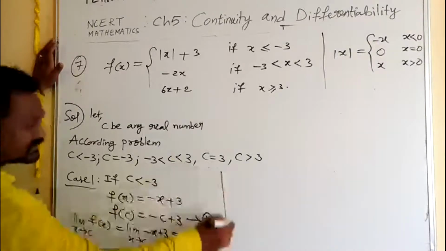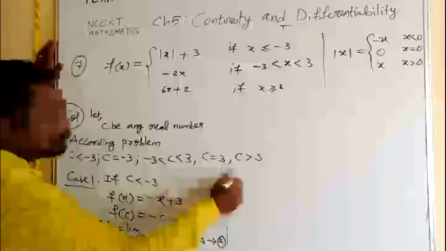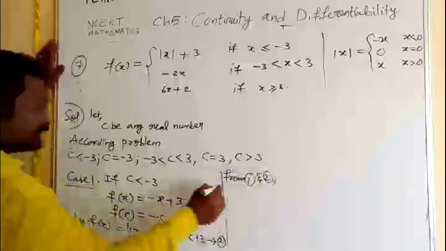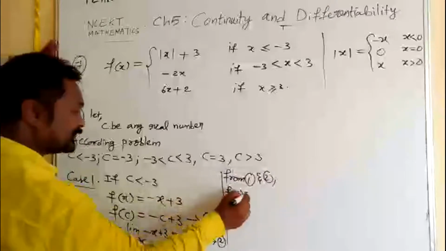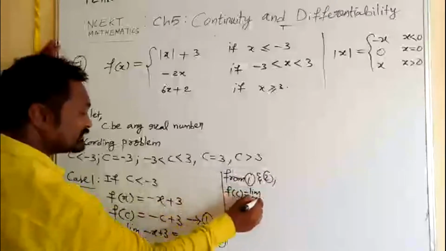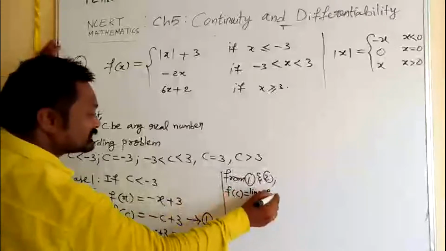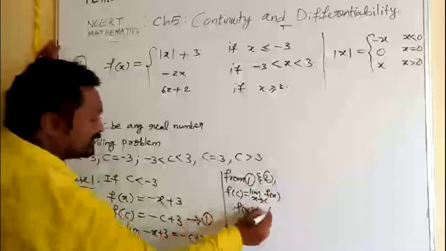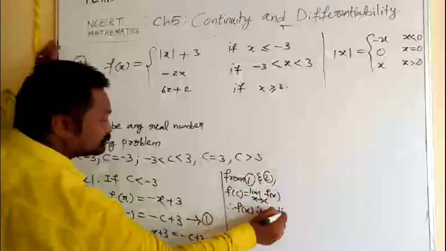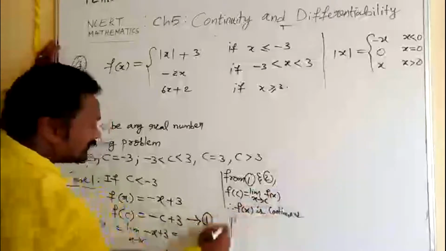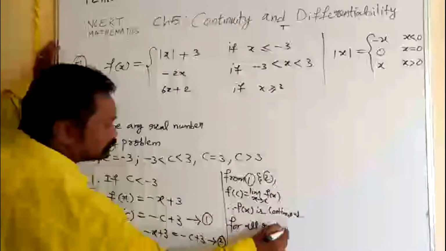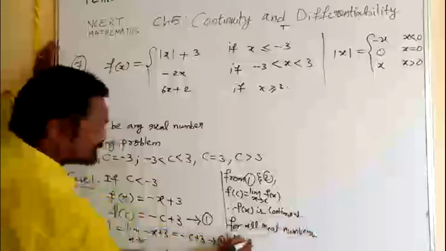So at last, from 1 and 2, f of c is equal to limit x tends to c of f of x. Therefore, f is continuous for all c less than minus 3.